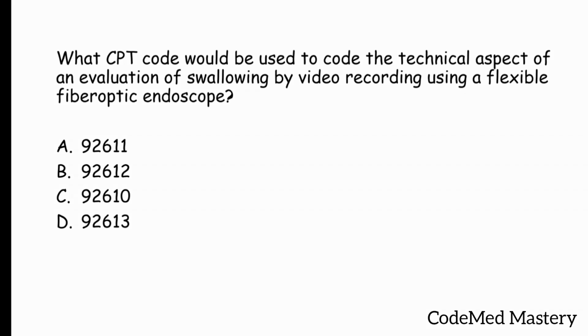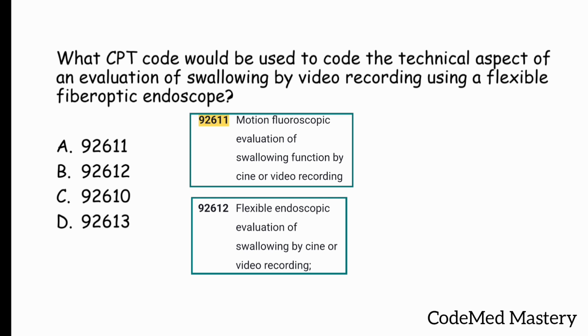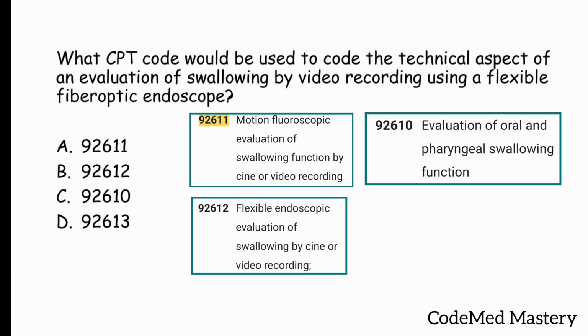Option A 92611 is for motion fluoroscopic evaluation of swallowing function by cine or video recording, and 92612 is for flexible endoscopic evaluation of swallowing by cine or video recording. Option C 92610 is for evaluation of oral and pharyngeal swallowing function. Option D 92613 is for flexible endoscopic evaluation of swallowing by cine or video recording, interpretation and report only.